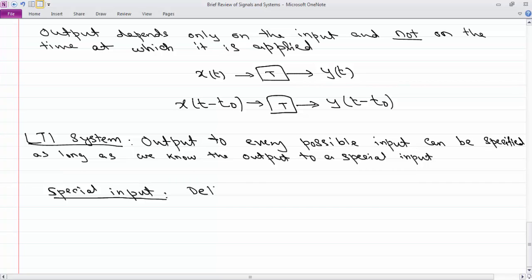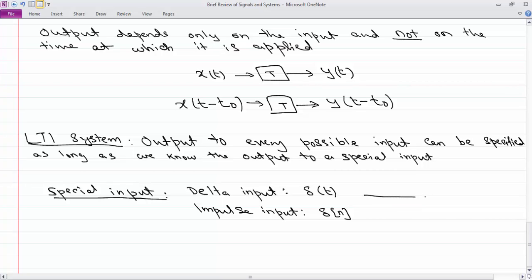the delta input for continuous time signals, denoted by delta t, or the impulse input or Dirac delta input. For discrete time, the impulse input is denoted by delta n.